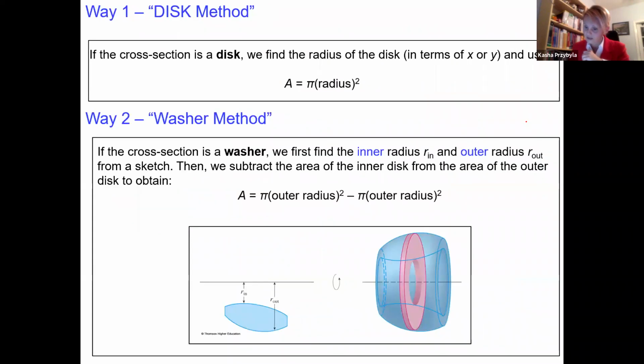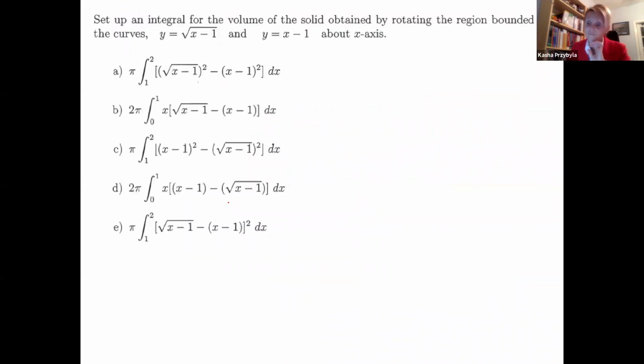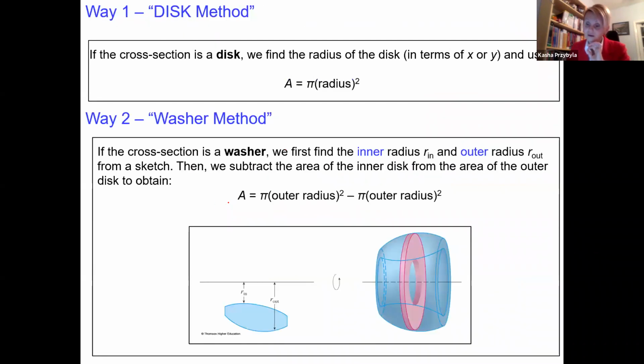This is the summary, but we will not cover this. This is also a nice section, but we have just 5.2. Let me come back. This is actually the nice summary. We will use the disk method or the washer method only.